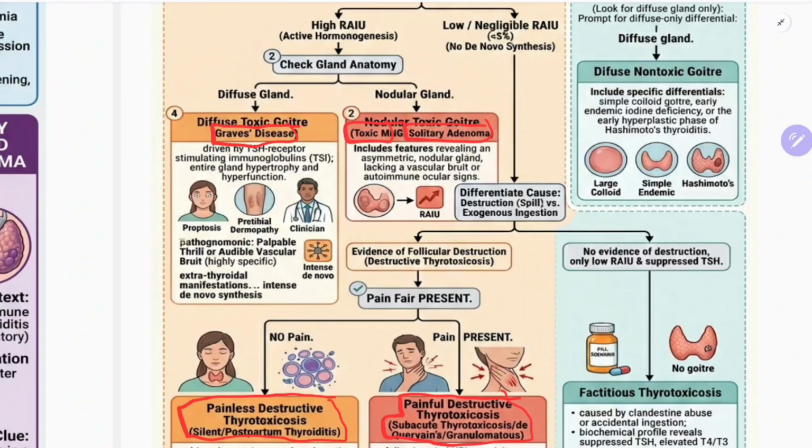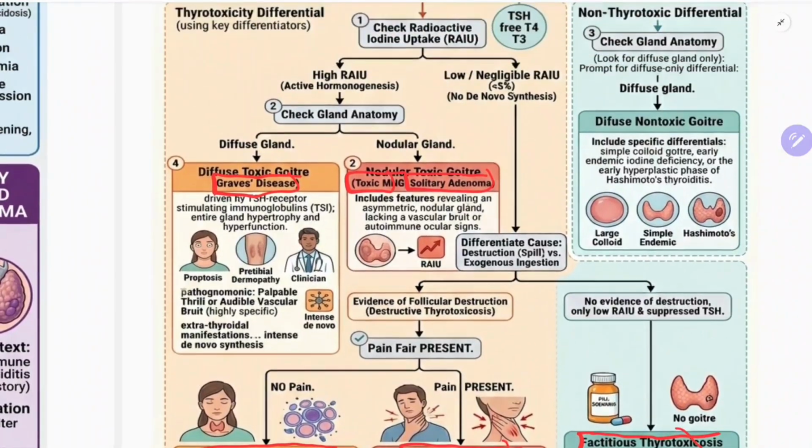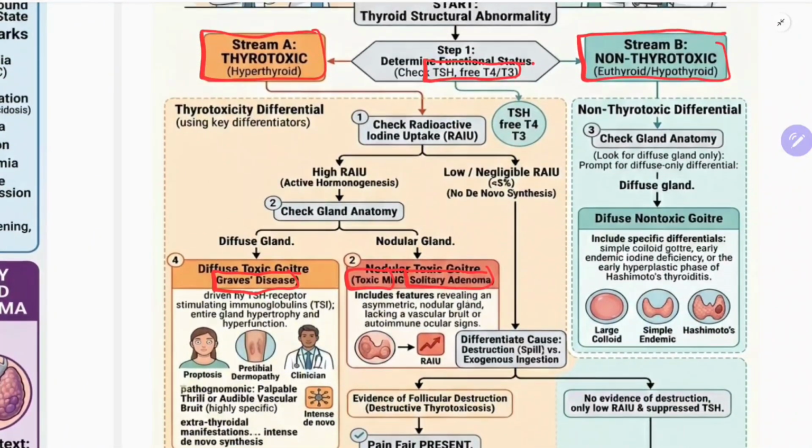And if there is no goiter, that is factitious. So this is not in our chart. No goiter. So these are the causes of thyrotoxic enlargement of the thyroid gland.